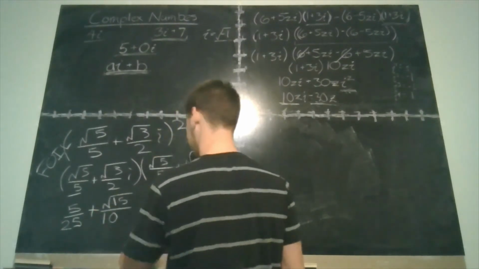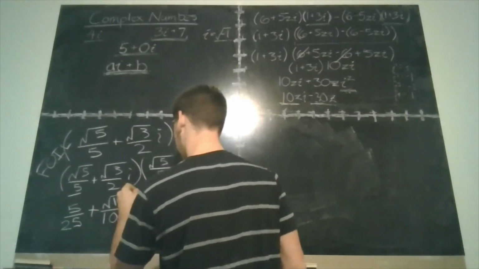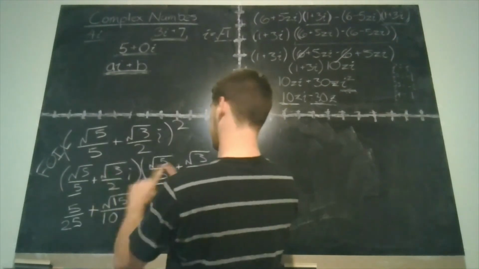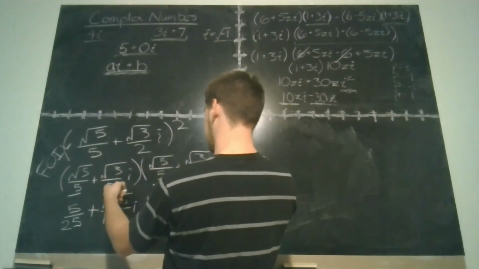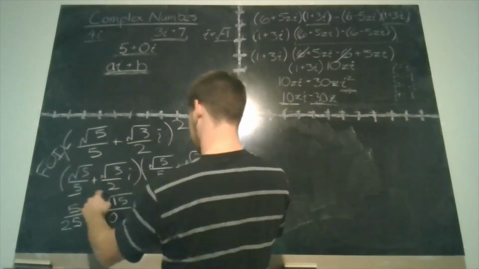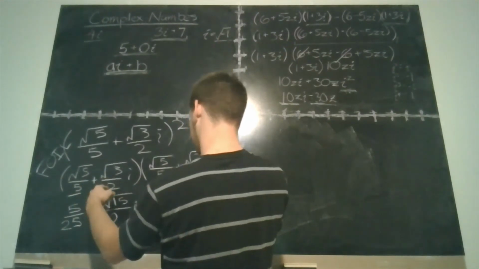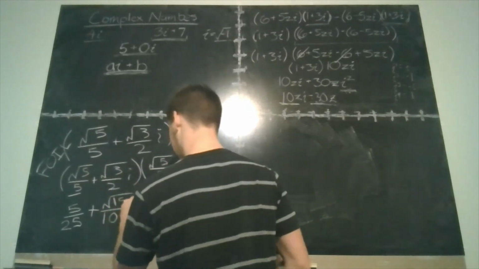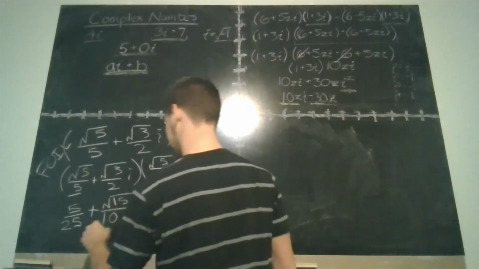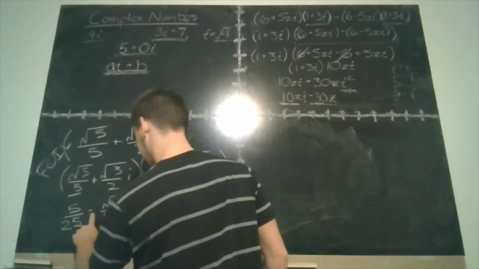We still have an i in the end here, though. And conveniently, since we're squaring, we can just get 2 of those because the inner is going to be the same as the outer. So radical 3 times radical 5 over 2 times 5 with the i there. So instead of saying plus that again, I'm just going to go ahead and plus 2 of them.